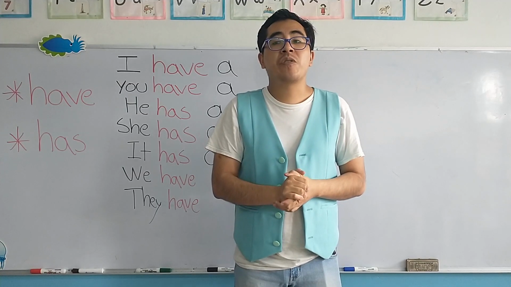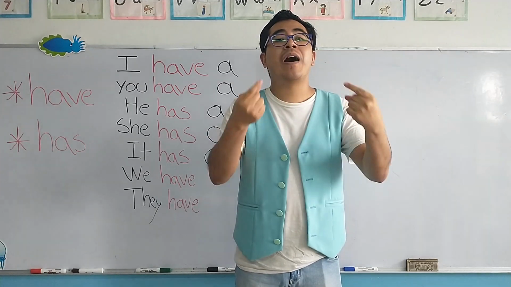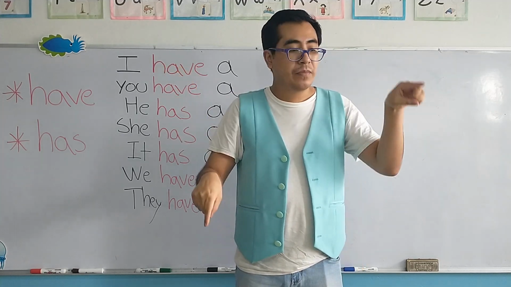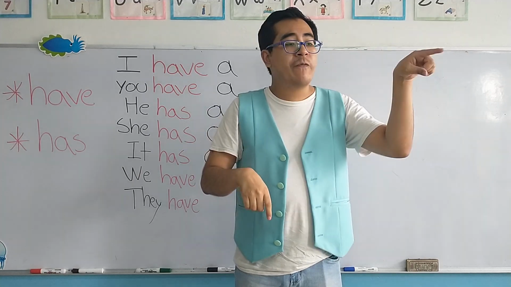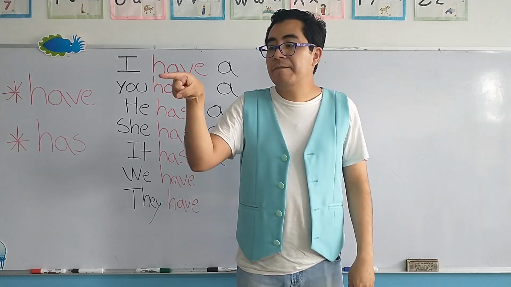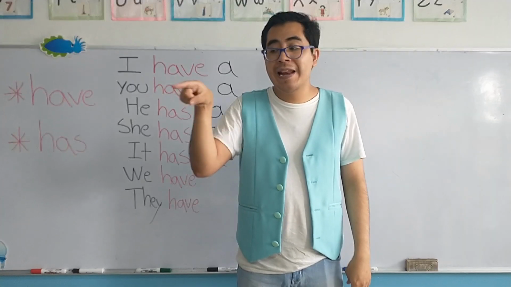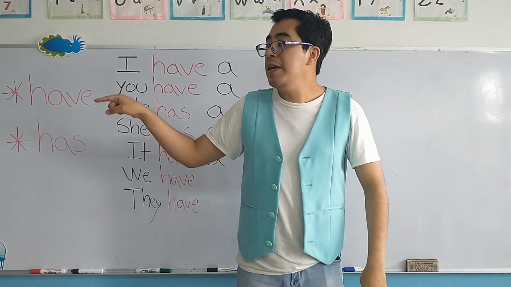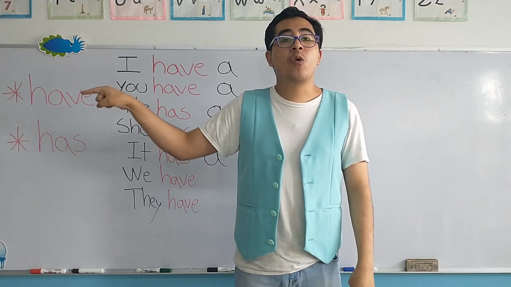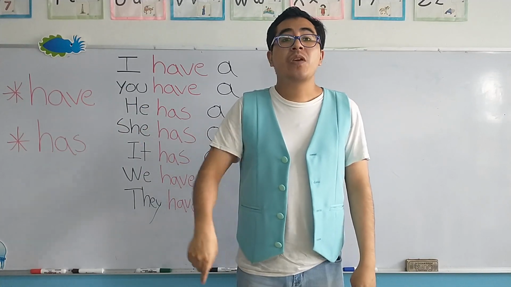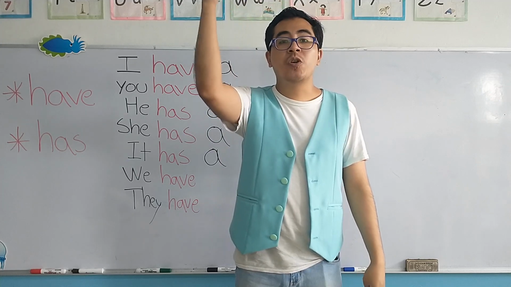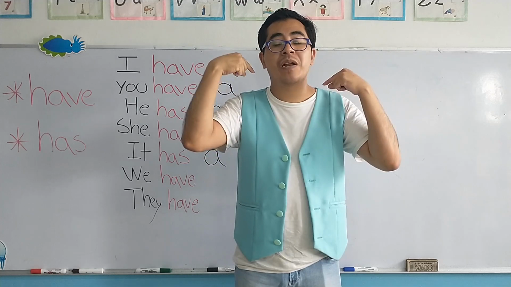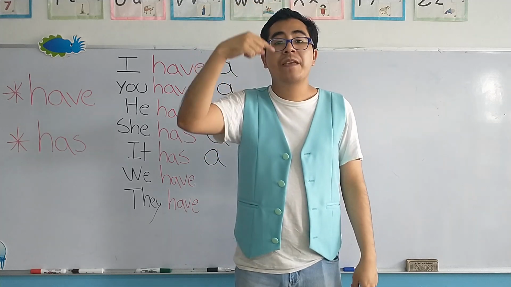Now, we started with the first pronoun, which is I, yo, you, for boy or for girl, he, for boy, él, she, for girl, ella, it, for animal or object, eso, we, nosotros, okay, including the person that is talking, incluyendo la persona que está hablando.